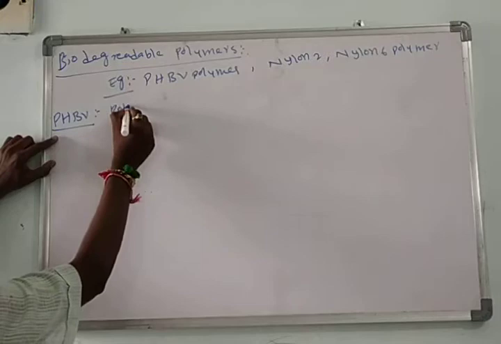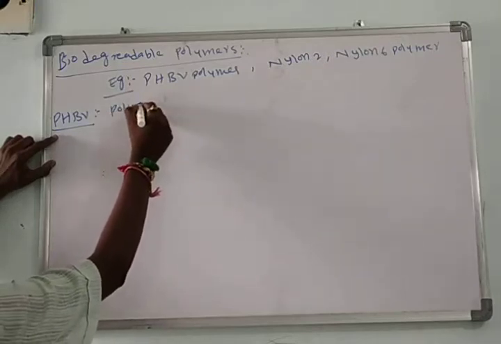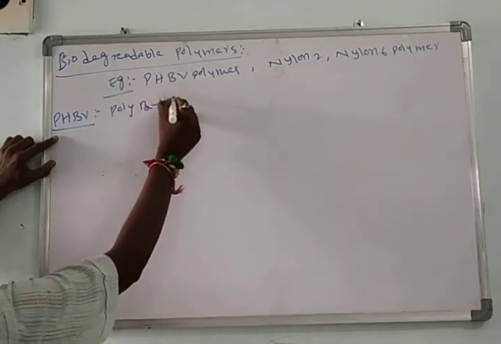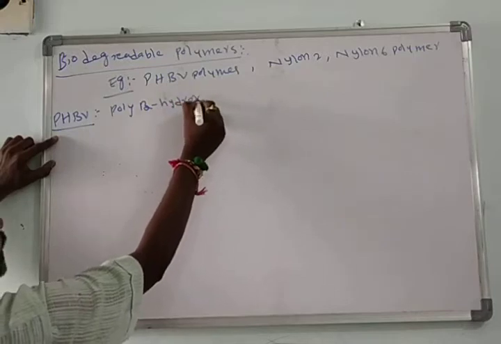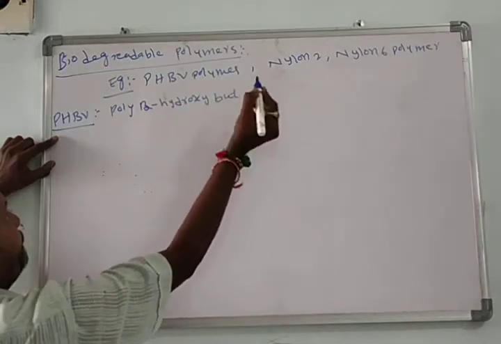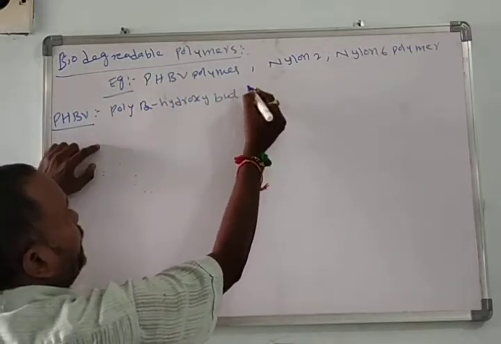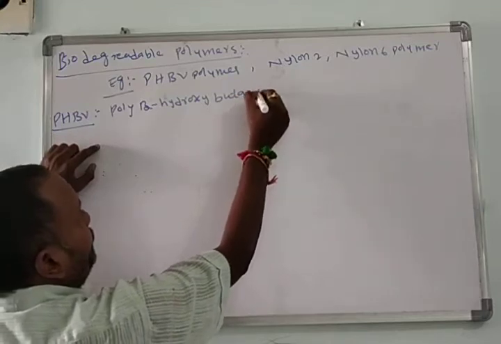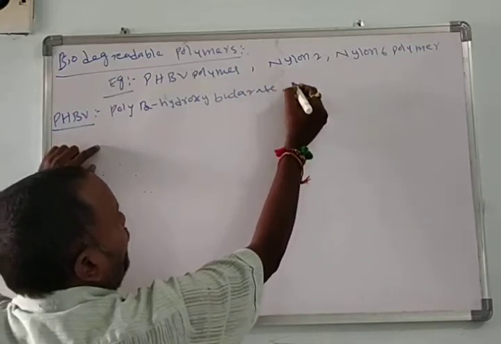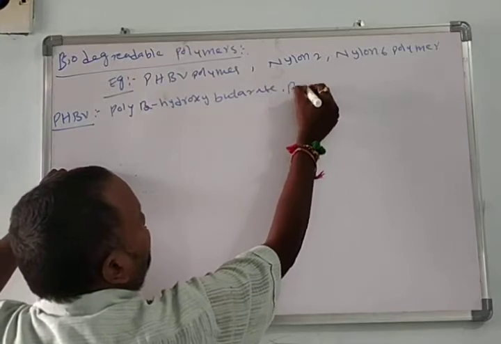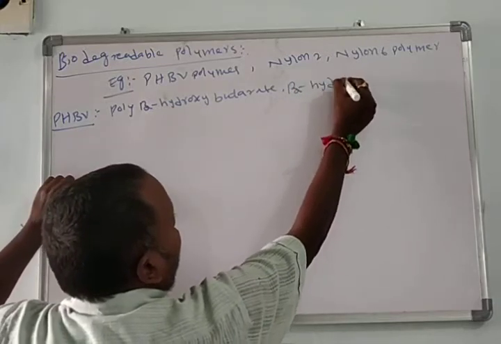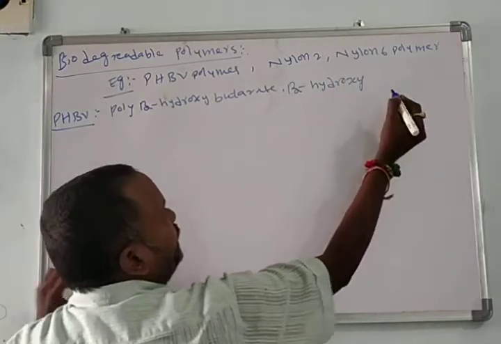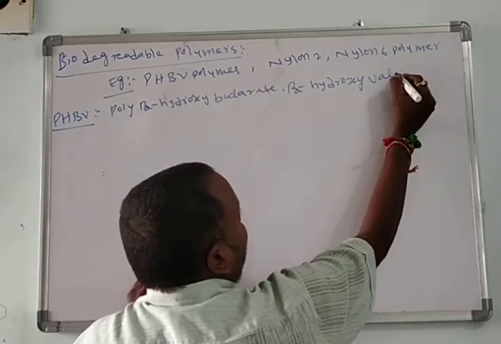P means poly, H means beta hydroxy butyrate, and V means beta hydroxy valerate.